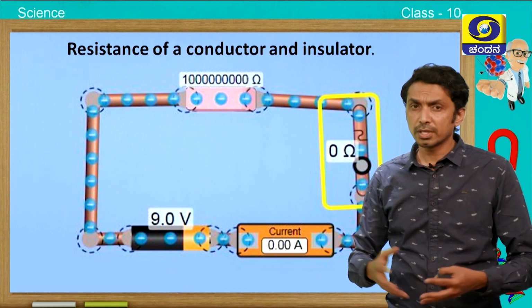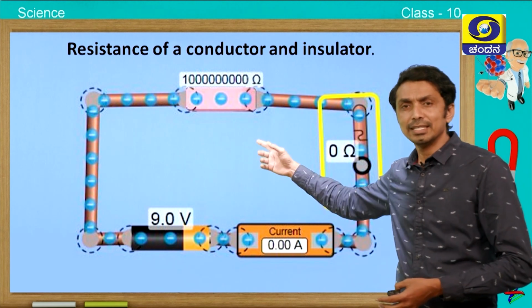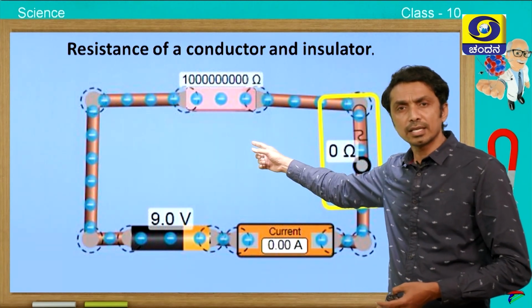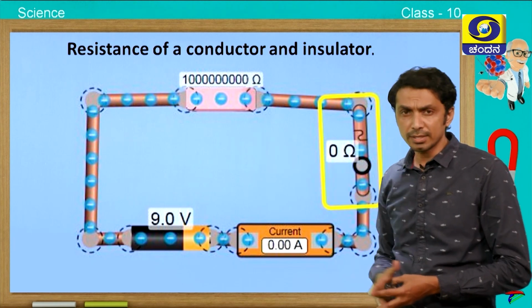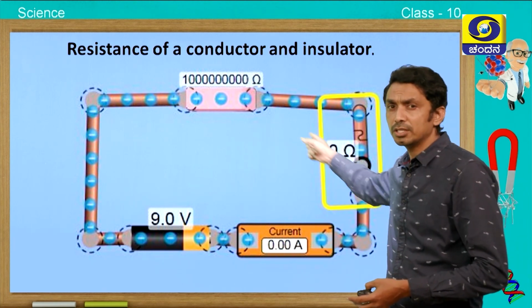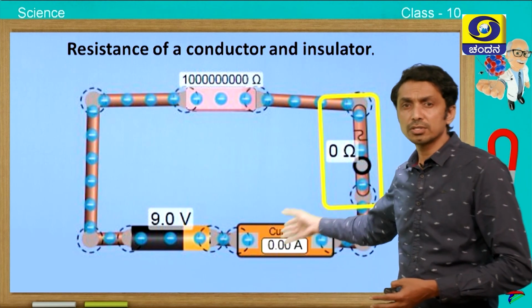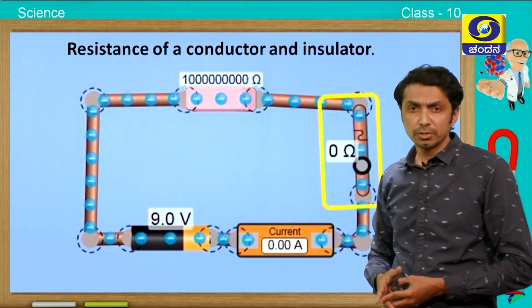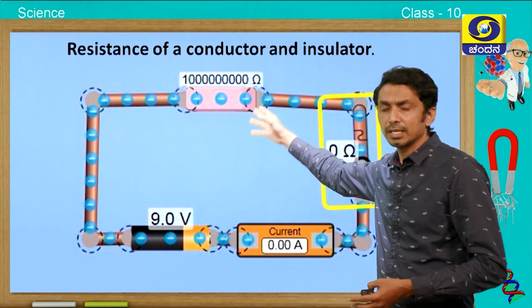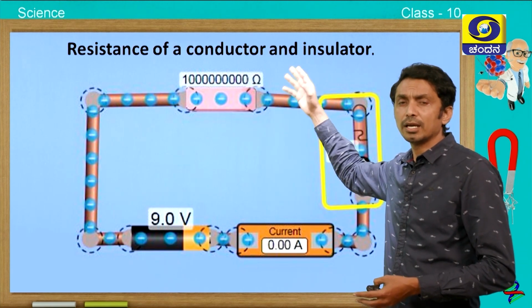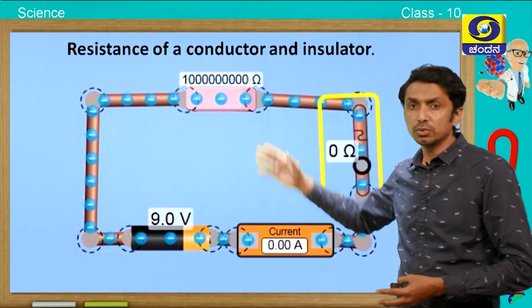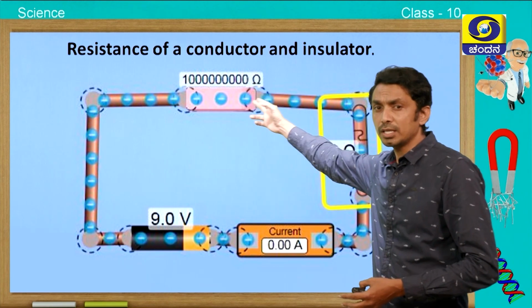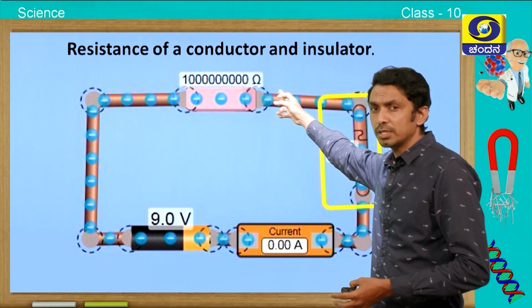Children, you just saw that when the circuit consisted of this eraser, the charges did not flow at all, the electrons did not flow at all. So that means this rubber puts a huge amount of resistance to the flow of charges. As you can see, that value is very huge.